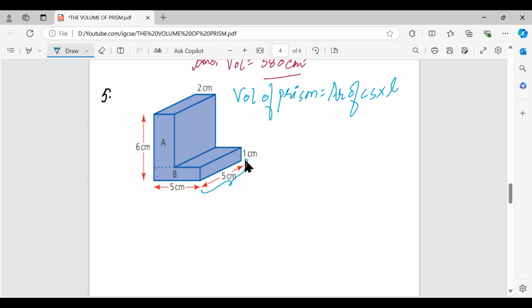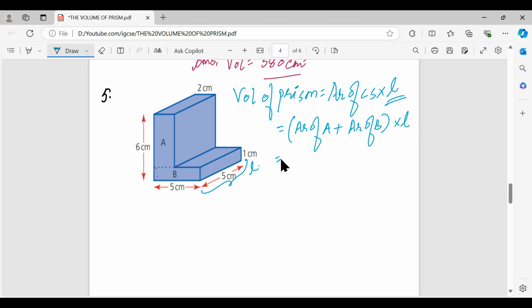This is the length mentioned here. The area of cross section will be area of A plus area of B, times length.